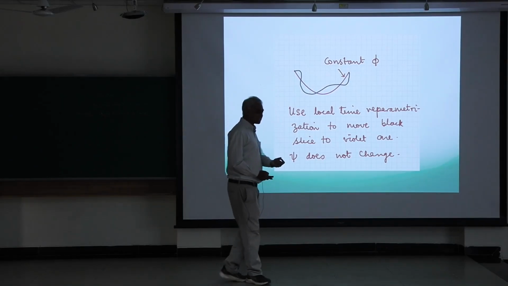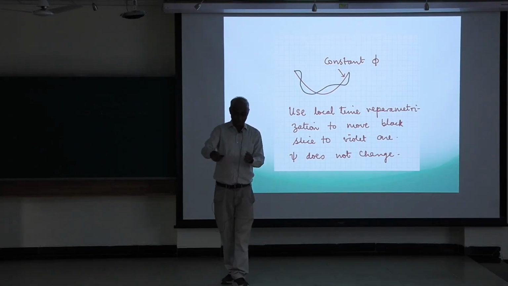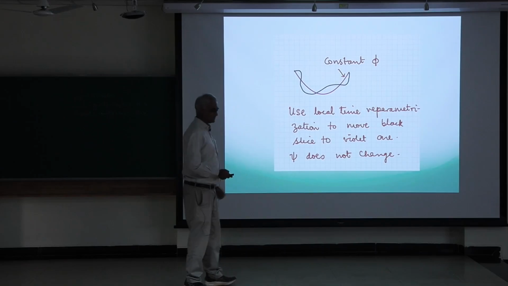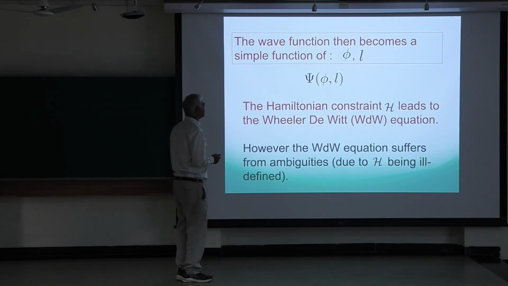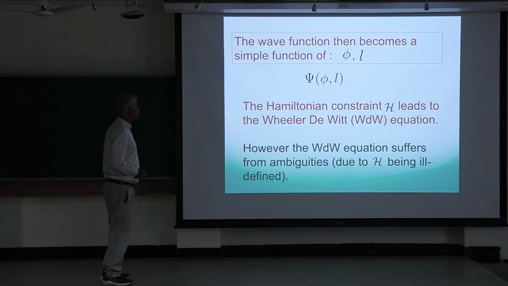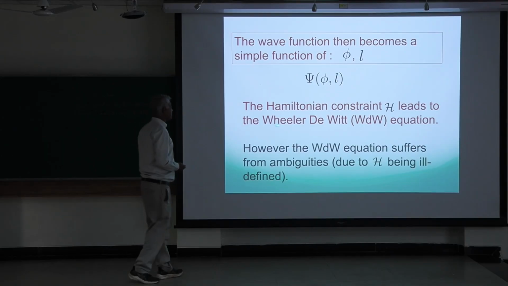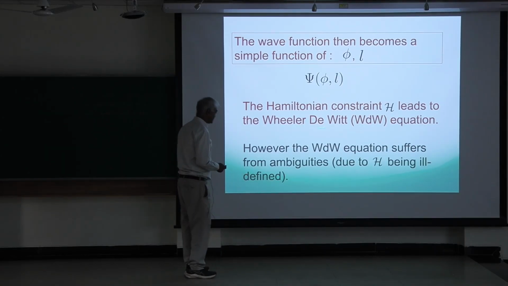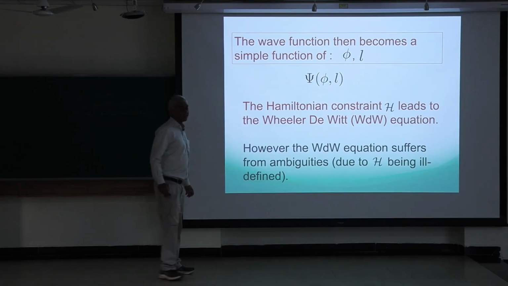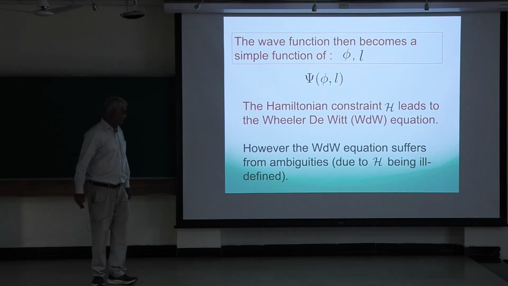And the only such quantity in 1 dimension on a closed slice is the length of the slice. So now the problem becomes very simple: the functional becomes a wave function of phi and L. And the Hamiltonian constraint, the non-trivial part which is left, generally called the Wheeler-DeWitt equation, now becomes a differential equation in the variables phi and L, which puts constraints on psi.